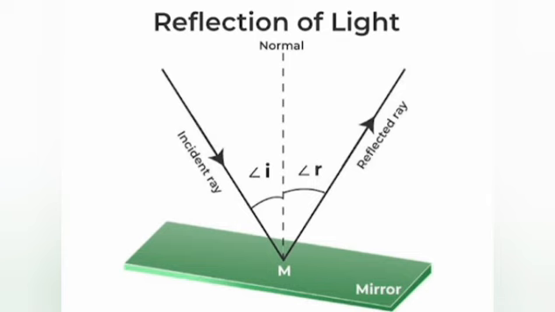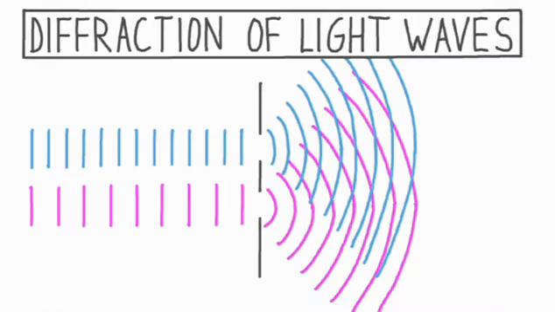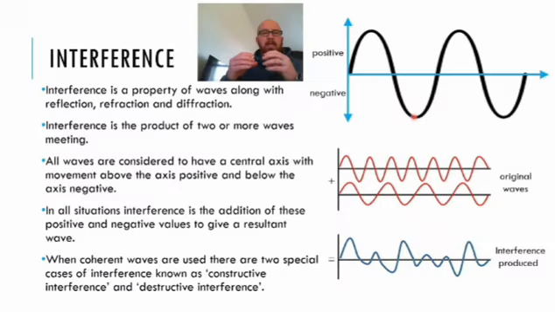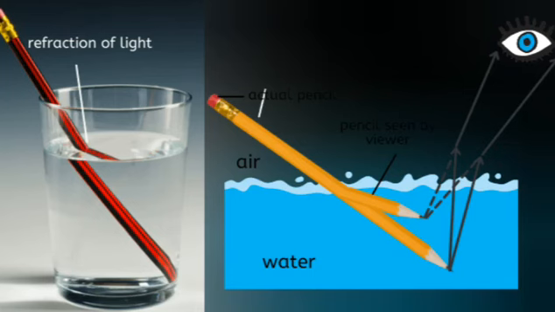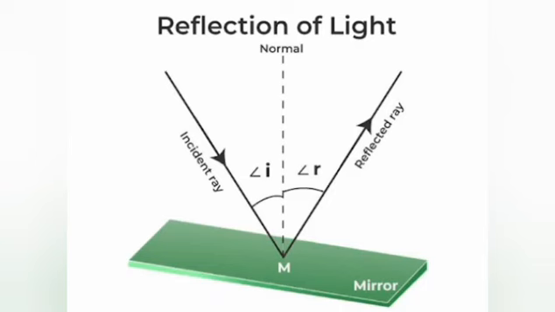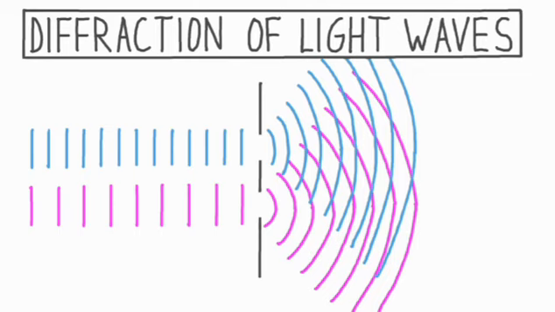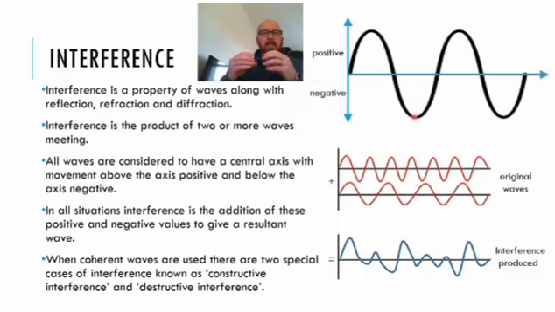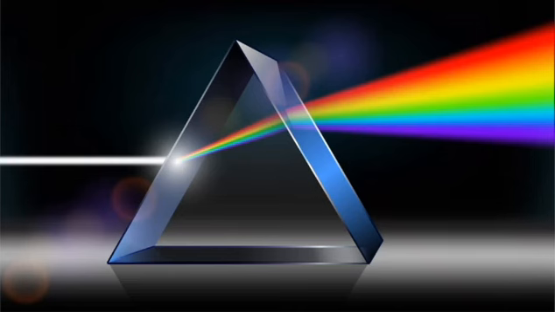So also light energy undergoes reflection, refraction, diffraction, and interference. And like I said, it can be absorbed by colored objects.